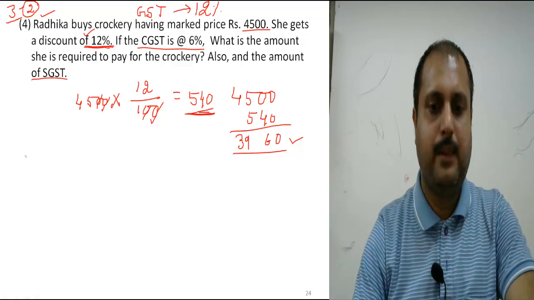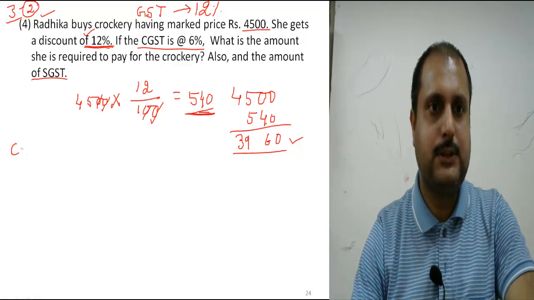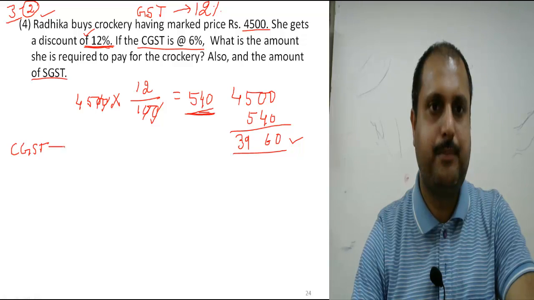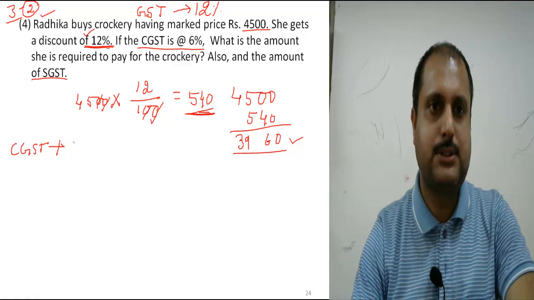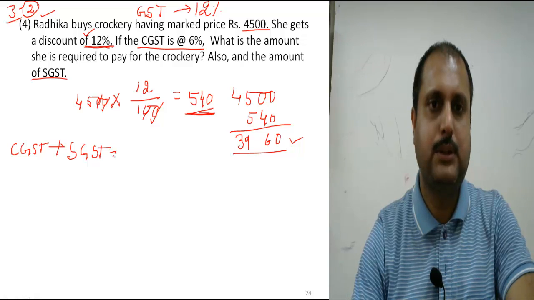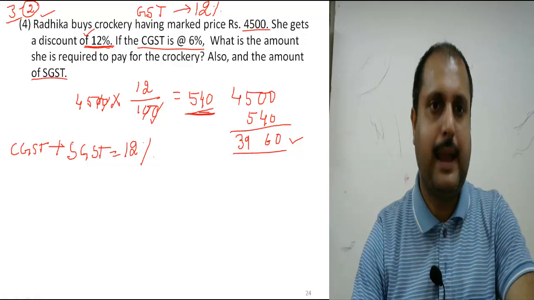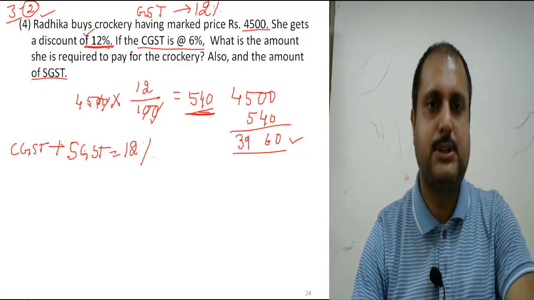Now the CGST, the Central Goods and Services Tax, plus the SGST. The CGST is 6%, and if we add the CGST as well as the SGST, it will be a total of 12%.